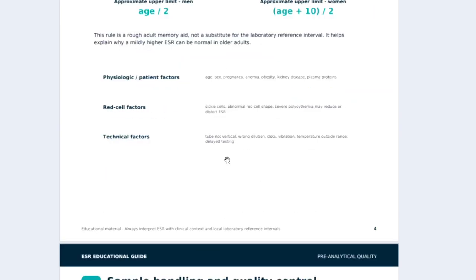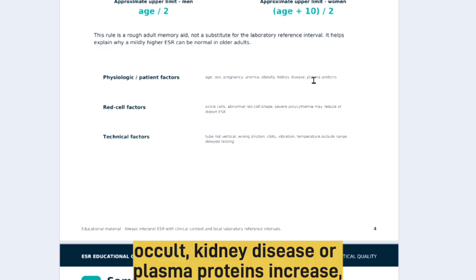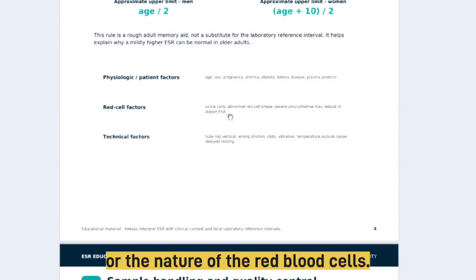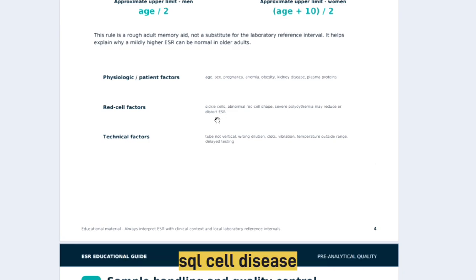Of course, many physiologic or patient factors such as age, sex, pregnancy, concomitant anemia, obesity, occult kidney disease, or plasma protein increase can change the results, or the nature of the red blood cells. For example, if the patient has sickle cell disease, it may change the answer.